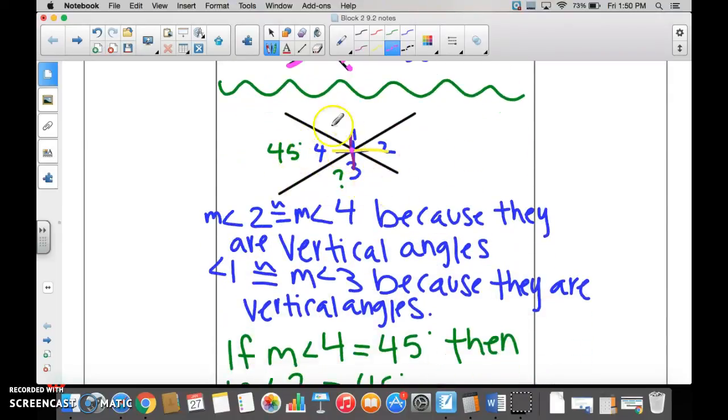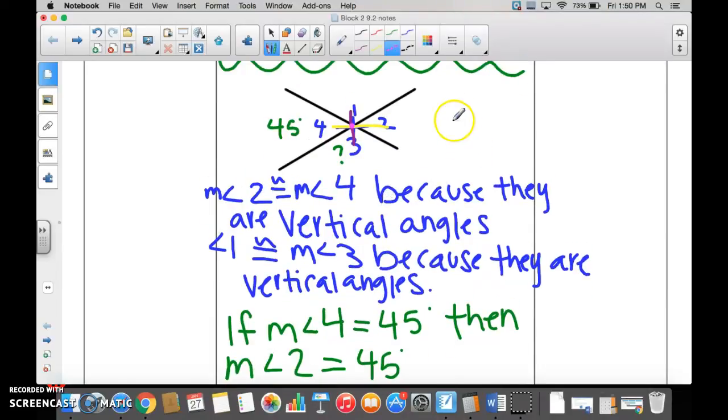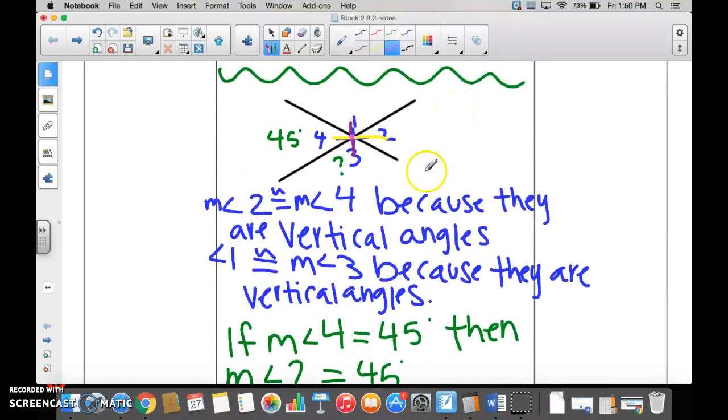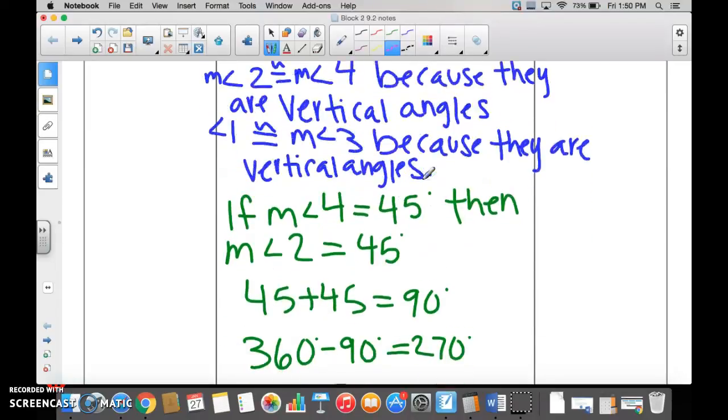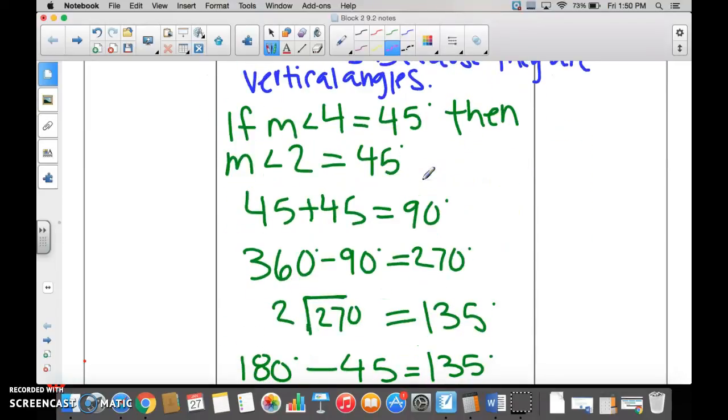So to find angle 3, we did 180 minus 45, and that, oh no, we didn't. We did 360 minus 90 because we added both of them together. We added the two 45s together, and so 360 minus 90 is 270.